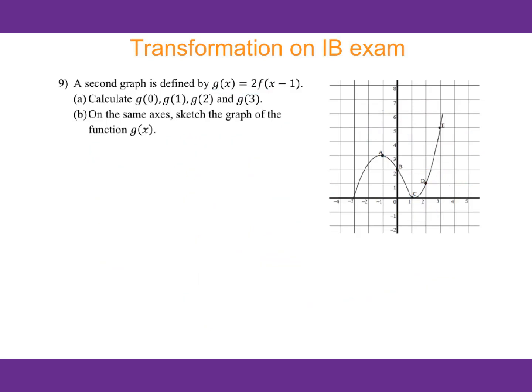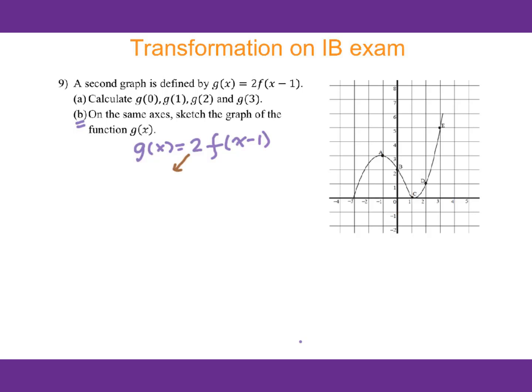Now go to part B. On the same axis, sketch the graph of the function g of x. You are given this f of x, so g of x equals 2 times f of x minus 1. So we have to do transformation.